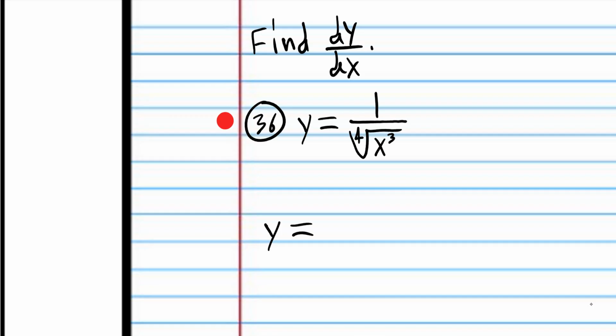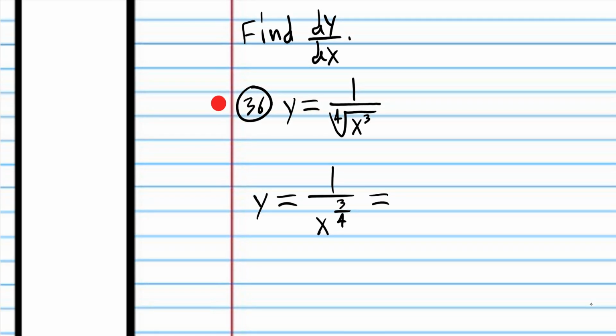But we can rewrite this expression as 1 over x to the 3/4 power. That's exponent rule number 10. Alright, we can then rewrite it as x to the negative 3/4. That's exponent rule number 8.